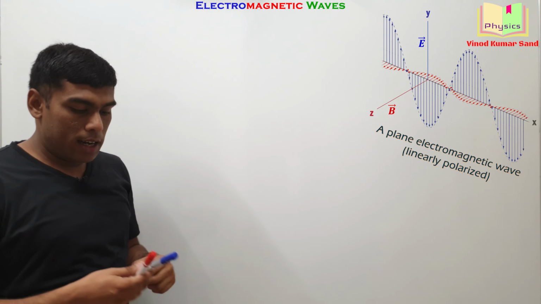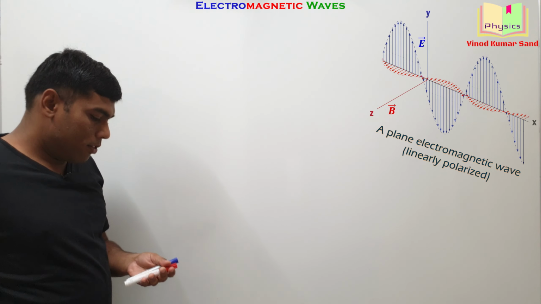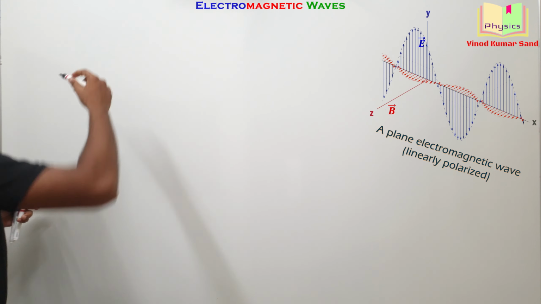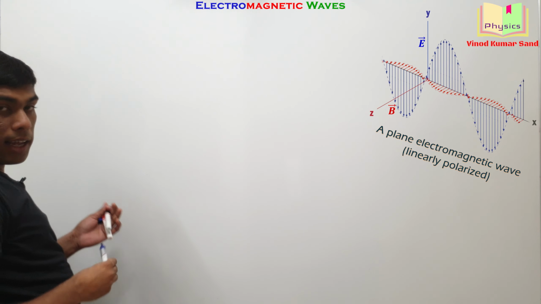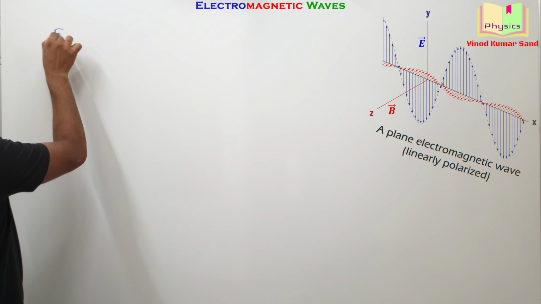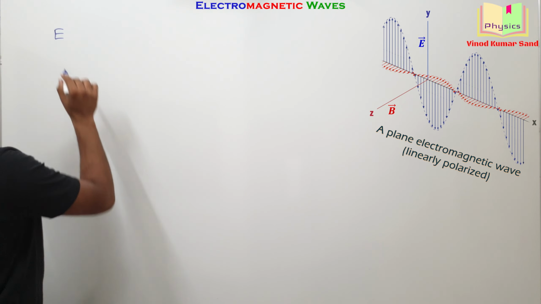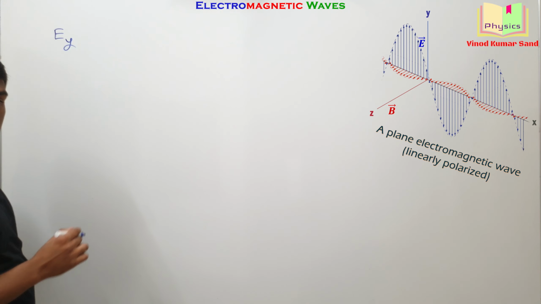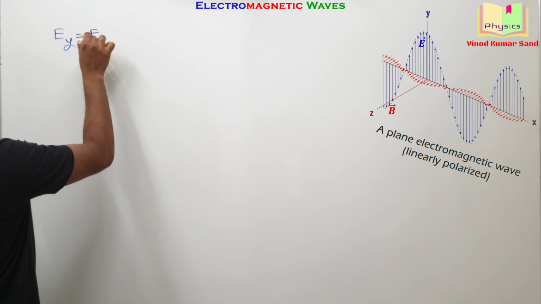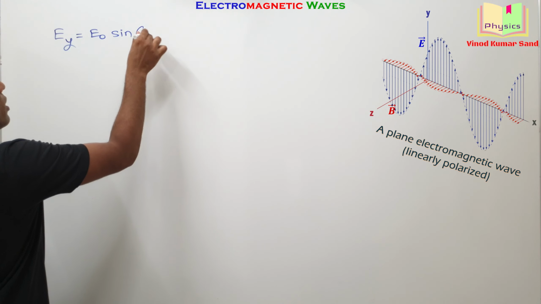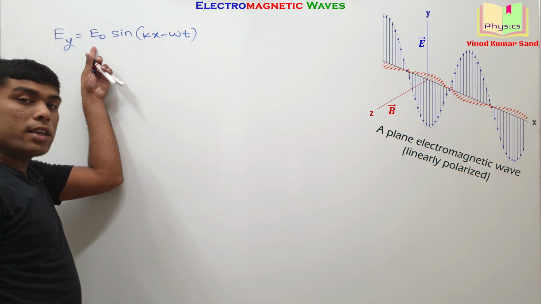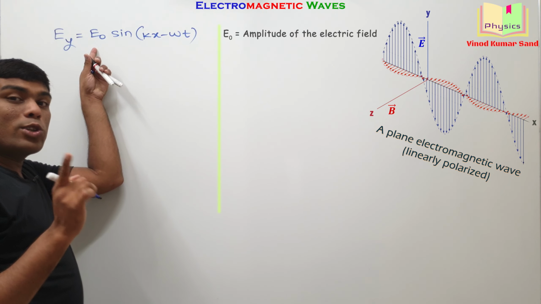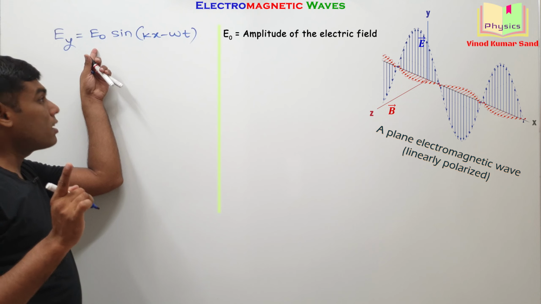So now we'll write a few formulas and the interesting things we can observe. Suppose I write the expression of the electric field. Since electric field oscillations are confined along the y-axis, I indicate it as Ey = E0 sin(kx - ωt). What is E0 here? It is the amplitude of the strength of the electric field.